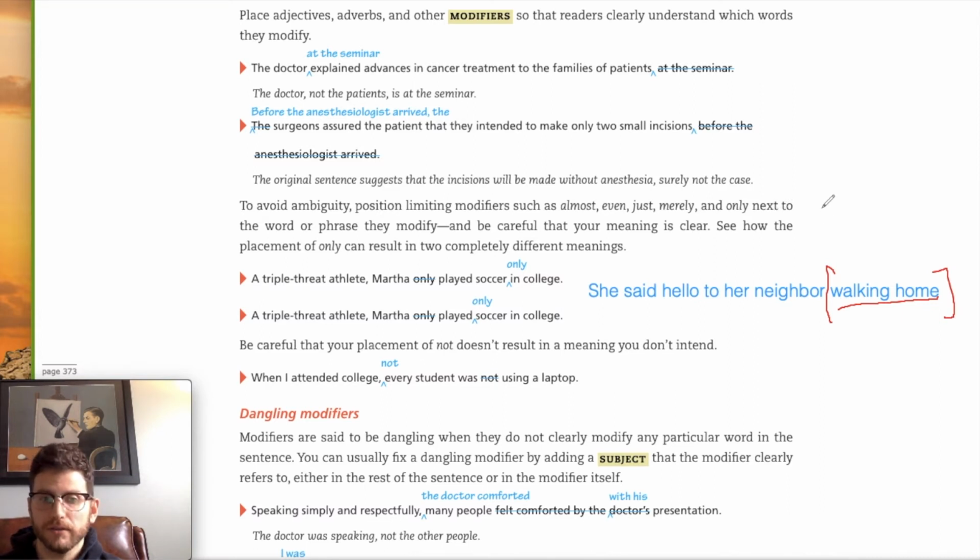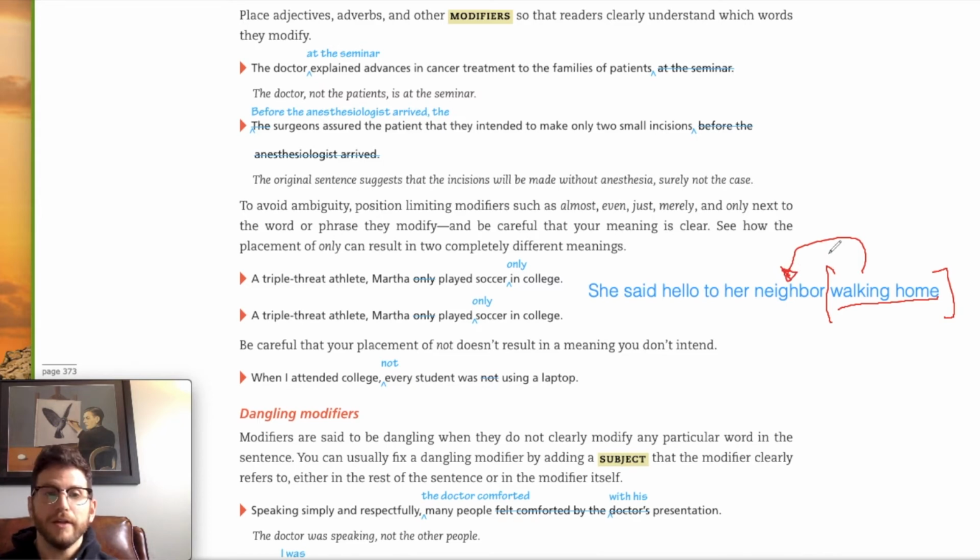Who is doing the walking home here, grammatically? Is it she or is it the neighbor? If you said she, you're wrong. The neighbor, grammatically, is the one who is doing the walking, because who is that modifier closest to? Well, the answer is the neighbor.